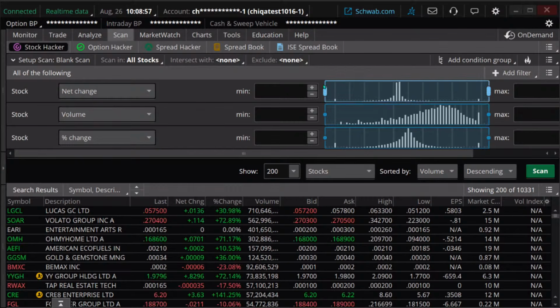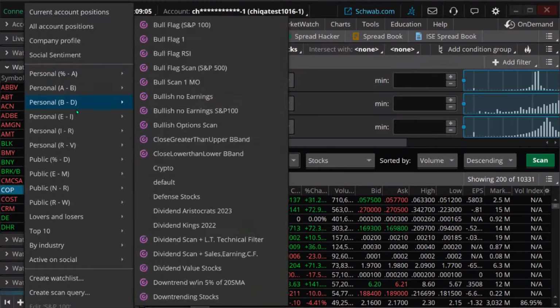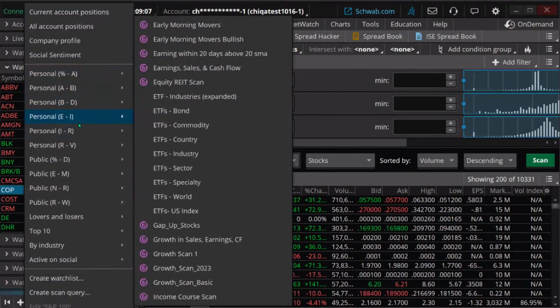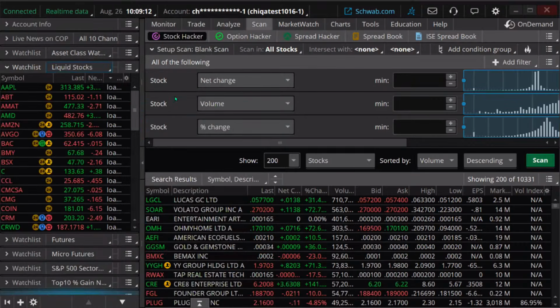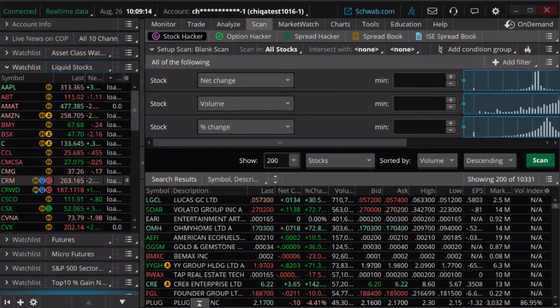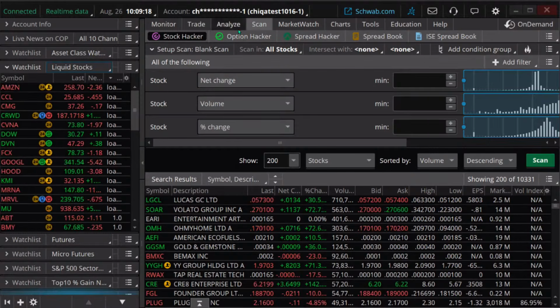But the thing is, once you create a scan and save the scan, the beauty is it saves it automatically to your personal watch lists. So I have one over here that I've labeled liquid stocks. I didn't just type in this list, I created it as a scan here.